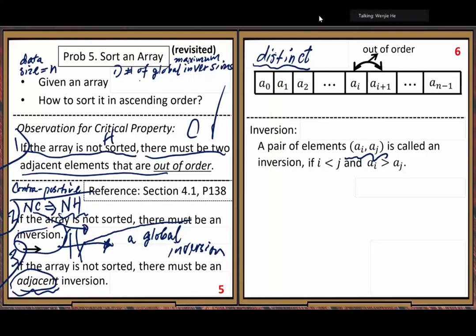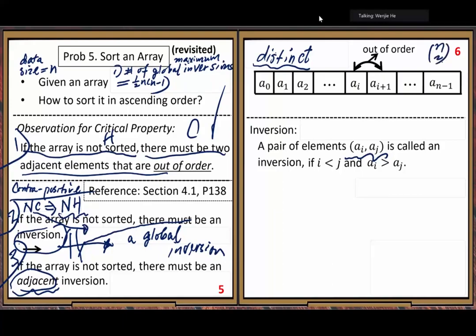What is the maximum number of global inversions? It is the same as the total number of pairs. How many pairs? Remember, last time I used the combinatorial number, N choose 2.